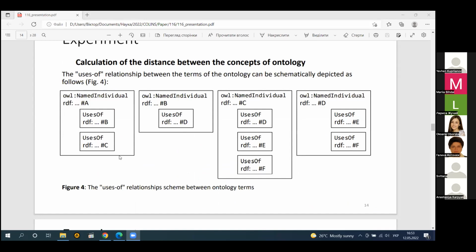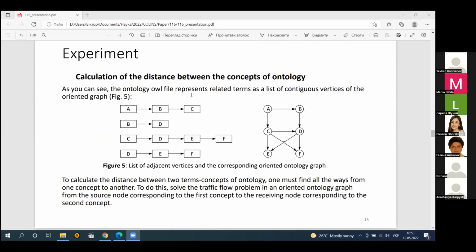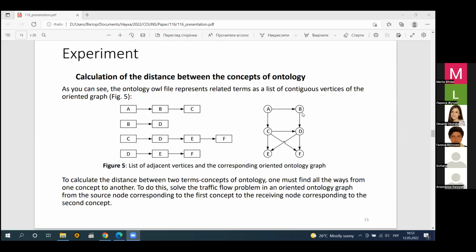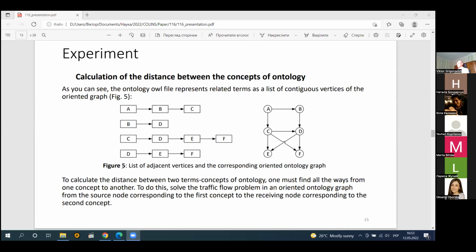Schematically, it may be shown as figure 4. It explains the relationships between ontology terms, and the list of adjacent nodes and the corresponding oriented ontology graphs are demonstrated by figure 5.